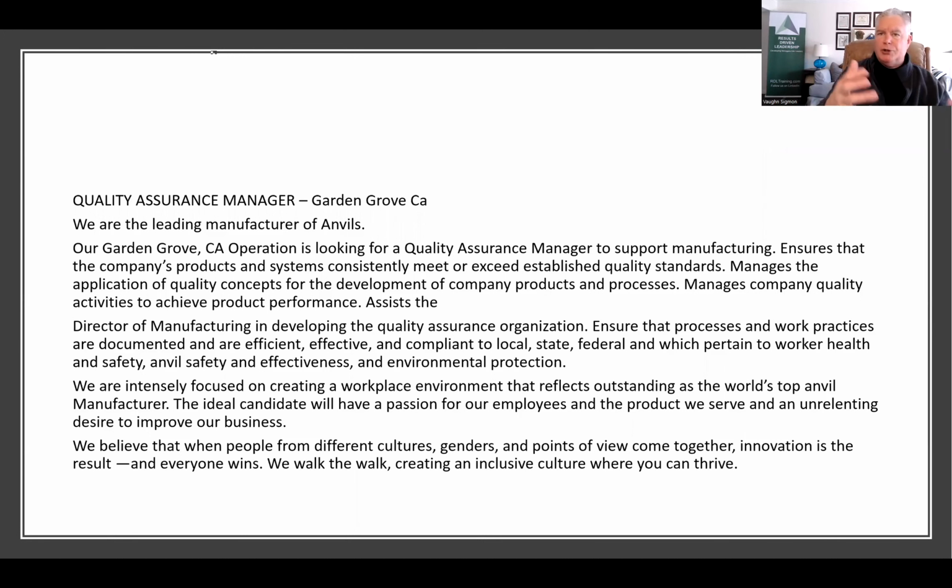They establish standards and manage the application of quality concepts, the director of manufacturing and developing the quality assurance organization and following federal, blah, blah, blah. This is your boilerplate standard ad that looks like everybody else's ad. And I'm okay with that if this is what you're comfortable with.